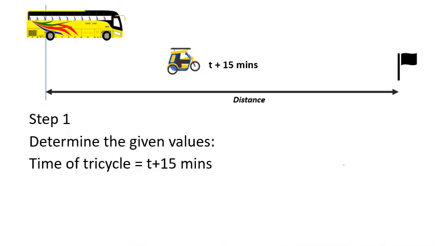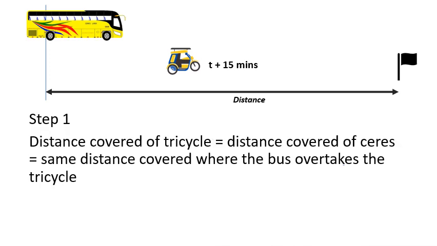We will now determine the given values. The time of the tricycle is equal to t plus 15 minutes. The distance covered by the tricycle is the same as the distance covered by the service bus, because that is the distance where the bus overtakes the tricycle.